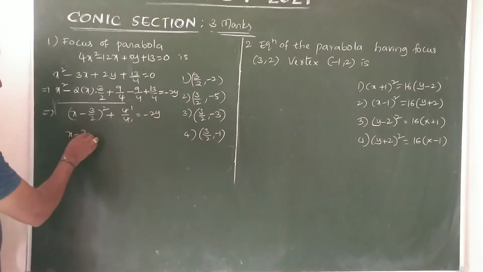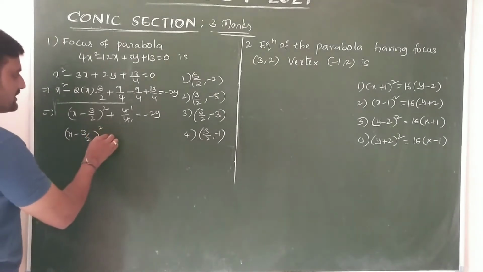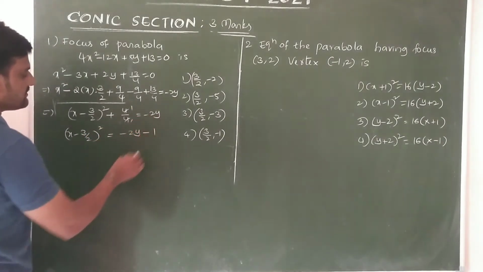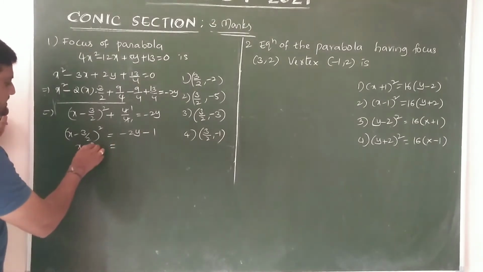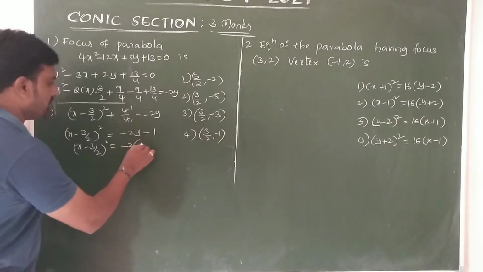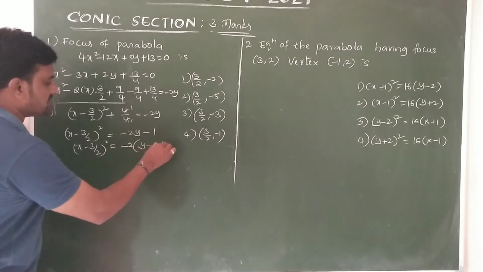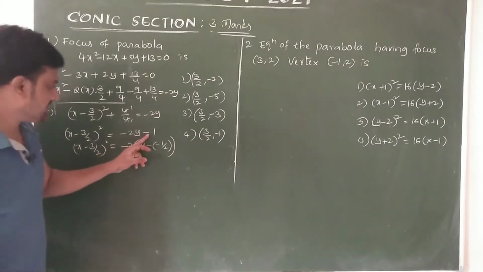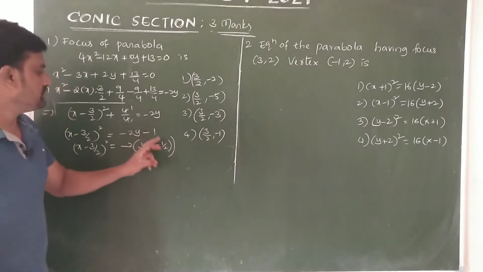Then x minus 3 by 2 whole square, bring that side 1, minus 2 minus 1. Then x minus 3 by 2 whole square equals minus 2 common, y minus of minus 1 by 2, yes, minus 2 common, it is a plus, then 1 by 2 minus 1 by 2.